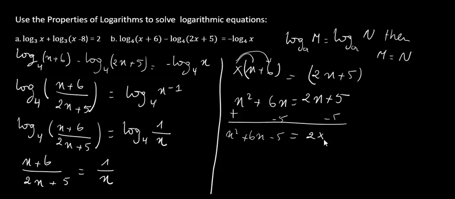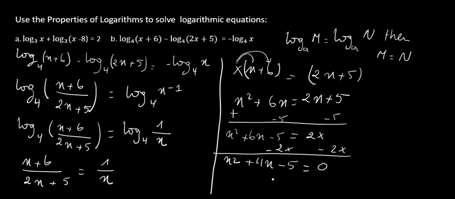Now I will subtract 2x from both sides. I will have minus 2x, minus 2x. x squared, 6x minus 2x will give me plus 4x minus 5 is equal to 0.